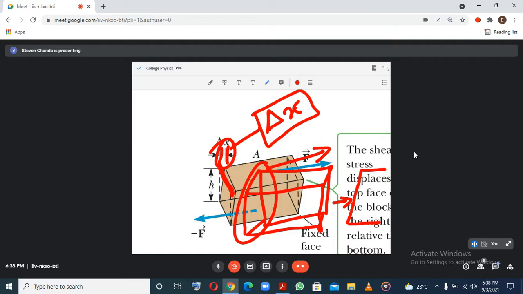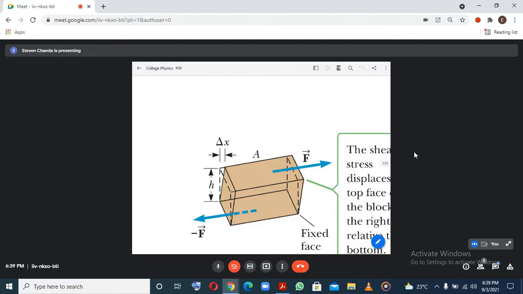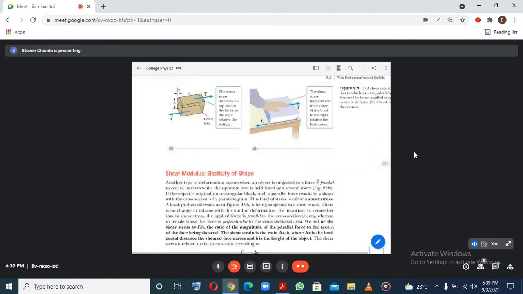You see that the original part was actually at this point, but then there is this added distance which has come up, and it is this displacement that we are designating as the change in x.